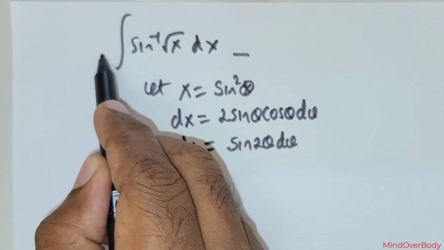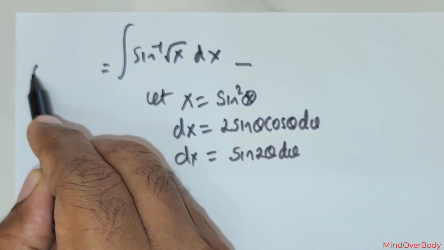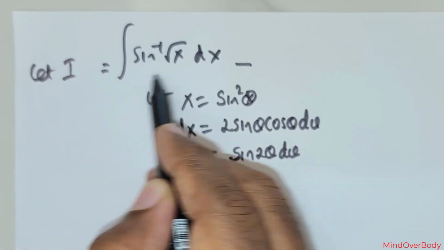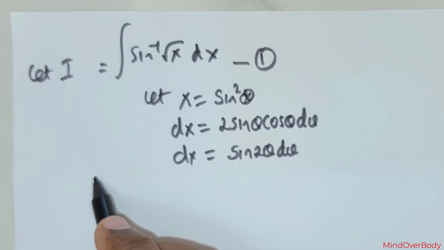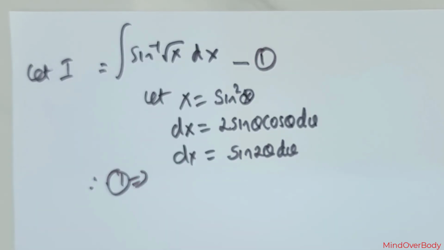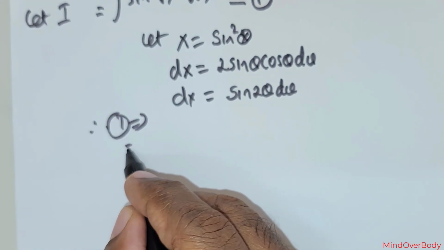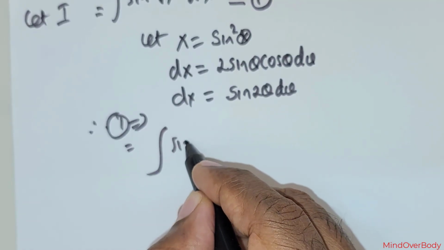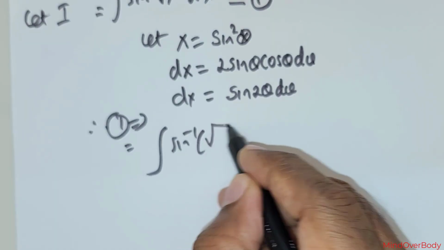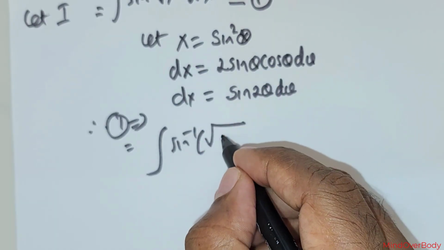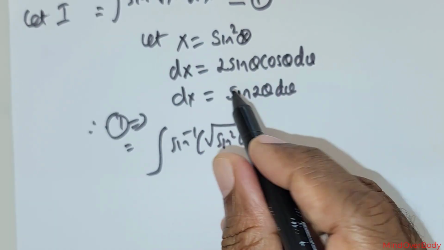If I were to take this as, say, let I be equal to this and take it as 1, I can rewrite 1 as the integral of sine inverse of, in place of root of x, I'm going to substitute sine square theta.